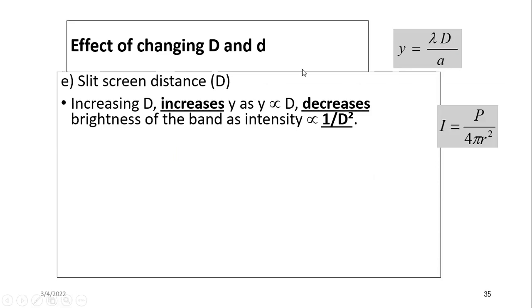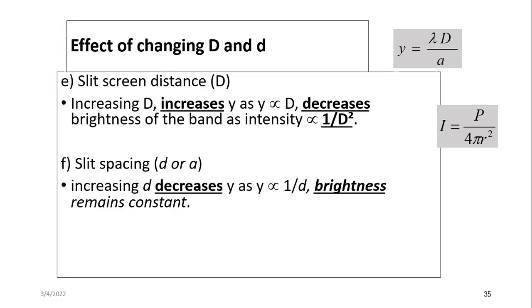Okay, I think we are just repeating, increasing the, right? You increase this, but you have to remember, increase D, this is your D squared. You are decreasing the intensity. Okay, the brightness decreases. Slit spacing, increasing D or a.